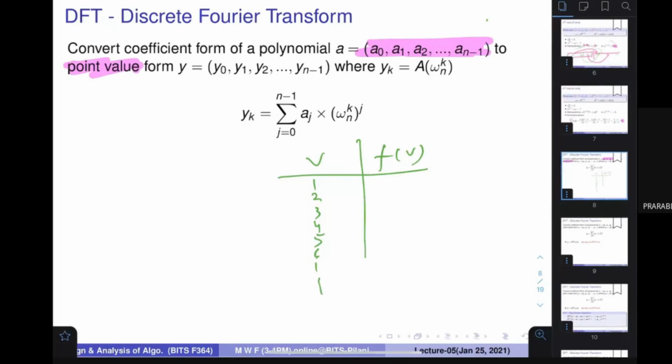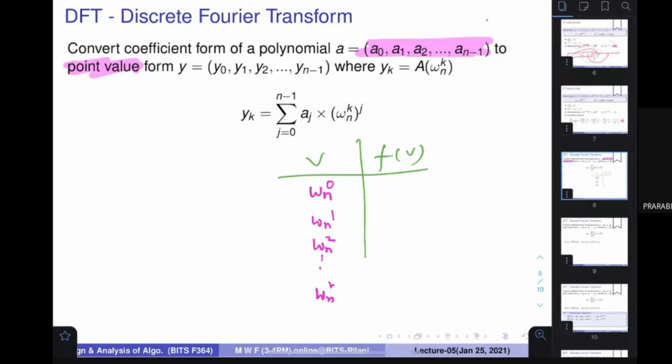Now I am going to change something. I am saying this because you don't know on what values you should compute all these things. However, any value would work for me. So why not use a very special value, omega n to the power 0, omega n to the power 1, omega n square, up to omega n to the power n minus 1.